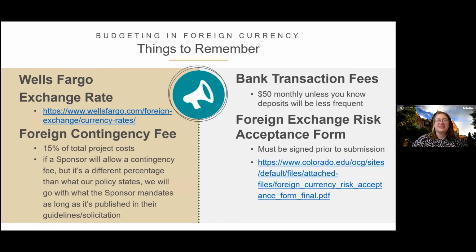And the way that I have explained this to my PIs that work in foreign currency is that it's not a fee that the university is taking, it is more of a reserve.